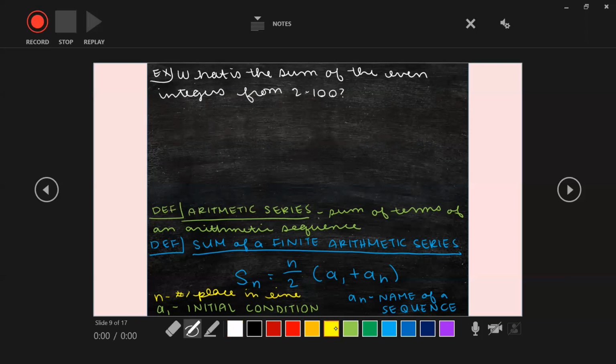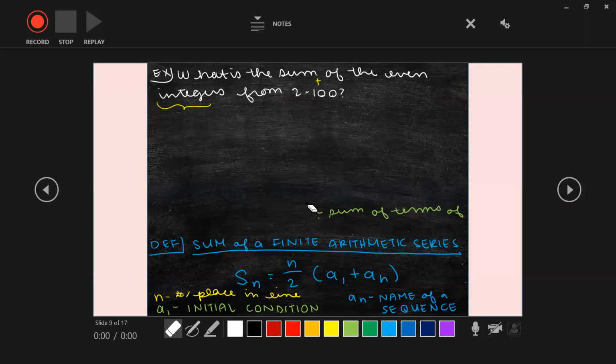So again, what does sum mean? Adding. What is an integer? How far a number is from 0? That's actually absolute value, so that's making it harder. But can you give me an example of an integer? 1, 2, 3.